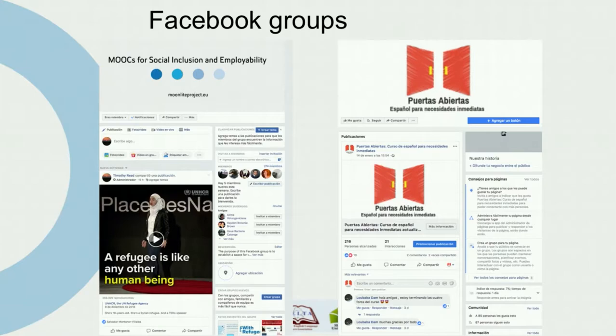People connect to Facebook to have a social interaction with friends back in the countries or in other places in the world, and they go to the page which is open, and they say, hello, I want to learn Spanish because I want to make friends, or this is proving very difficult.